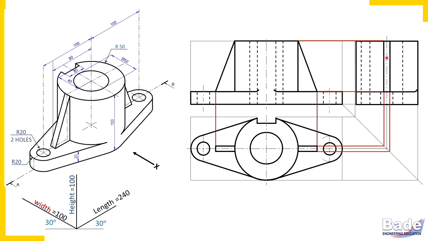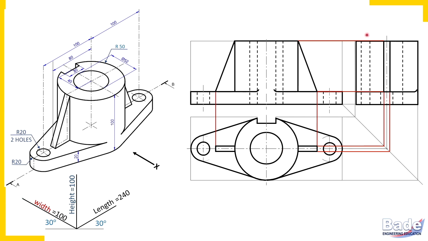Now listen to the statement I am making. When you want to draw a sectional view, then the cutting plane line should appear in any one of the other two views. That is, if you want to draw sectional front view, the cutting plane line must be in the top view or in the side view.